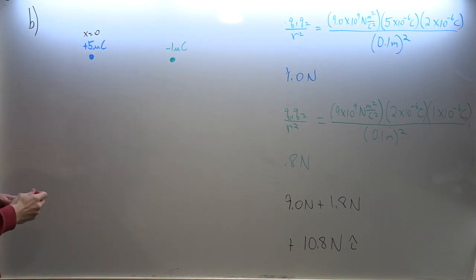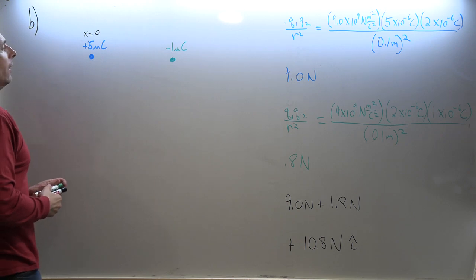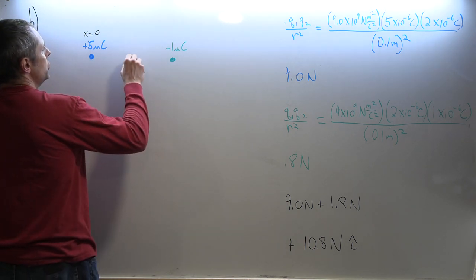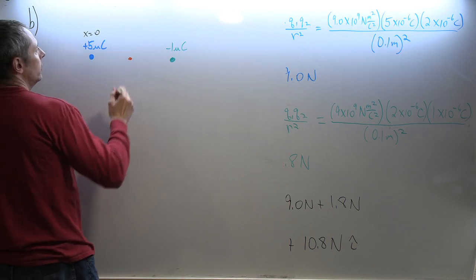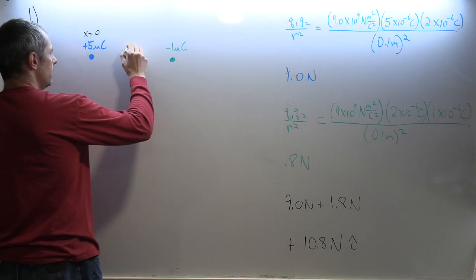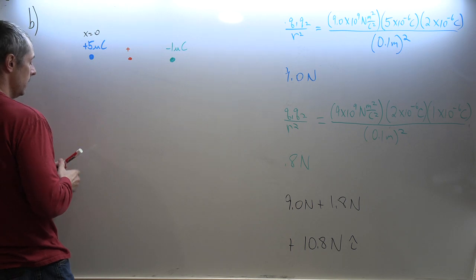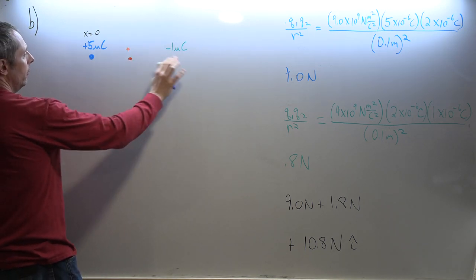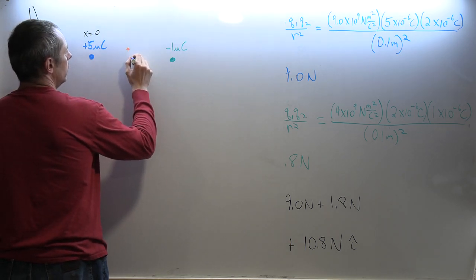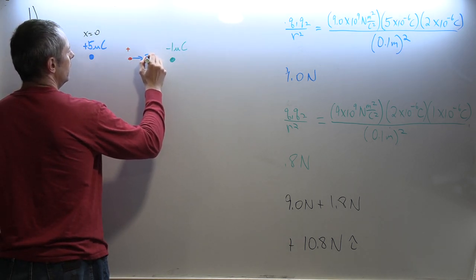Now, we just figured out that if I put this charge in the middle, since it's positive, as I said, this will repel the positive, and so this goes this way, F5.